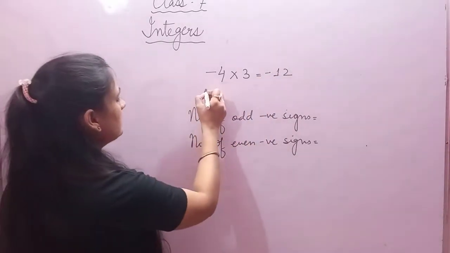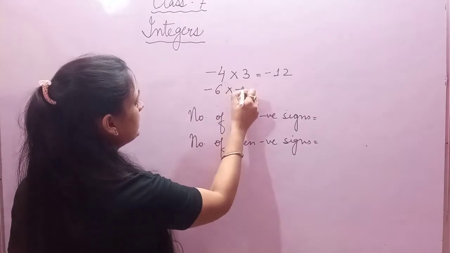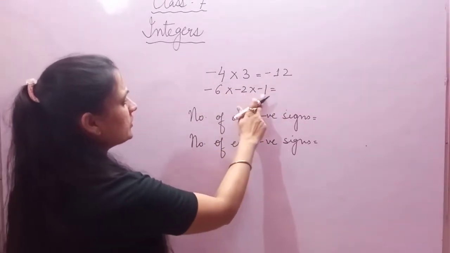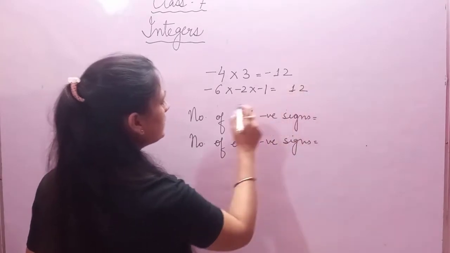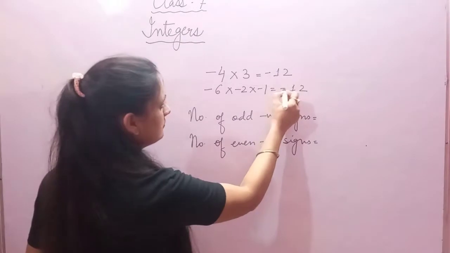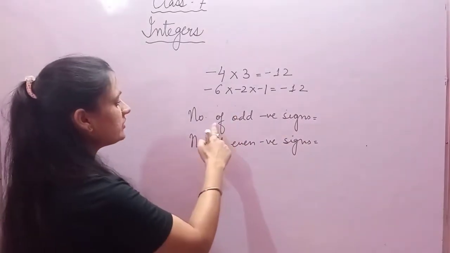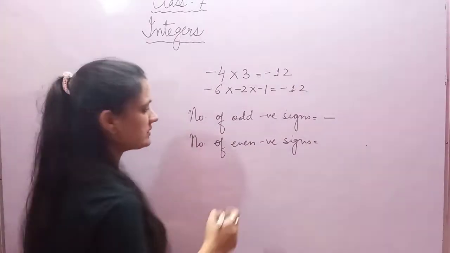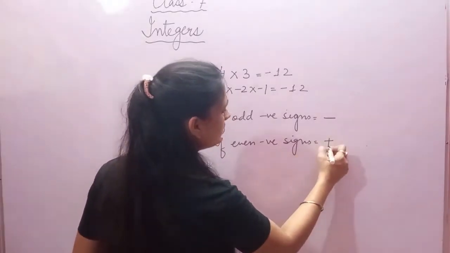Suppose the number is minus 6 into minus 2 into minus 1. We'll count it: 6 2s are 12, 12 1s are 12. How many negative signs? 1, 2, 3. Again odd means minus sign will come. So whenever the negative signs are odd, with the answer you have to put a minus sign, and when it is even you will put a plus sign.